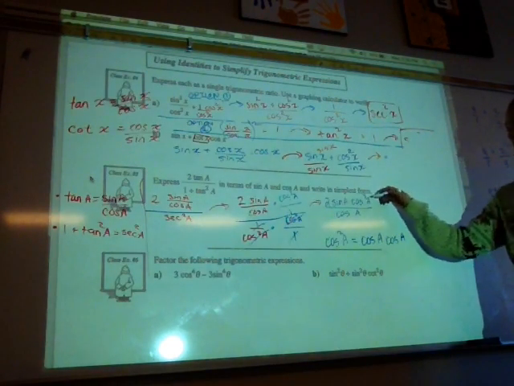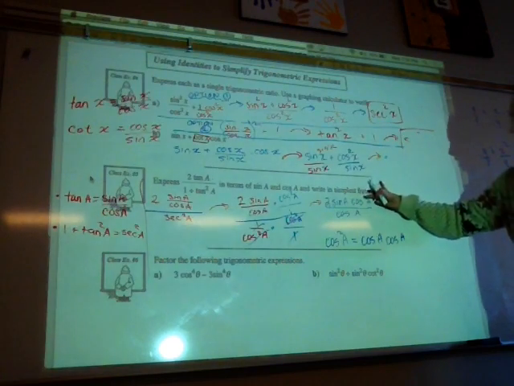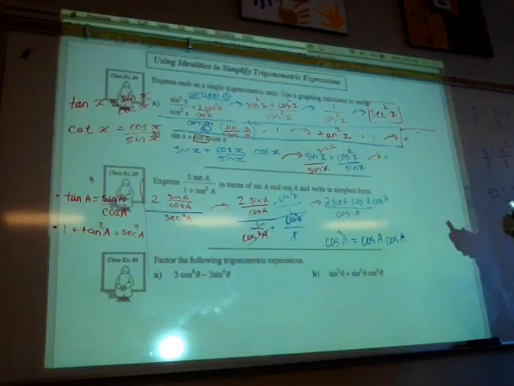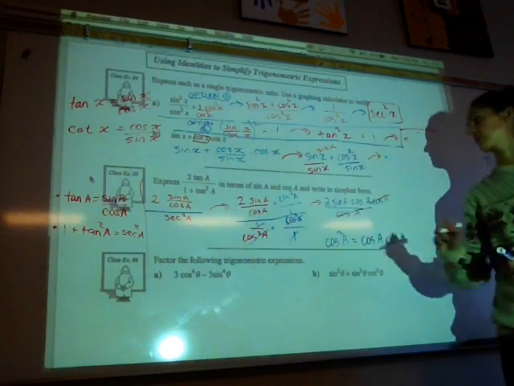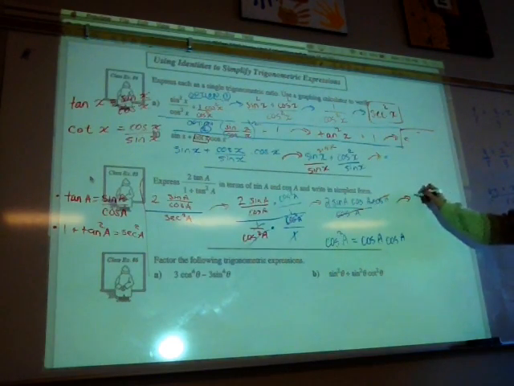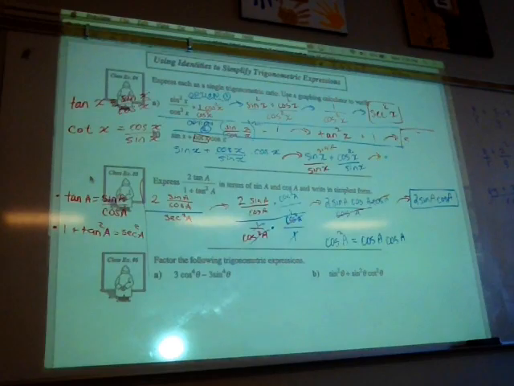So if I rewrite this as cosine A times cosine A, it's a little easier to see that one of these cosine A's will cancel out. So then from there we have 2 sine A cosine A, and we can call it a day.